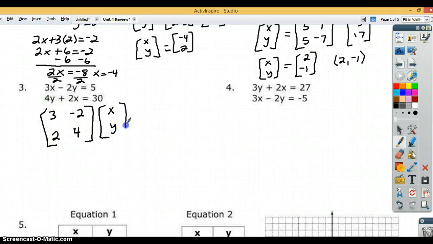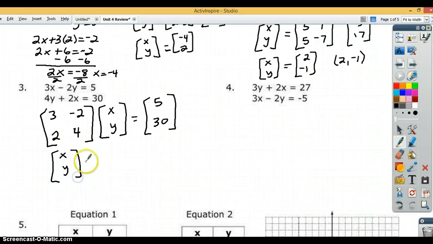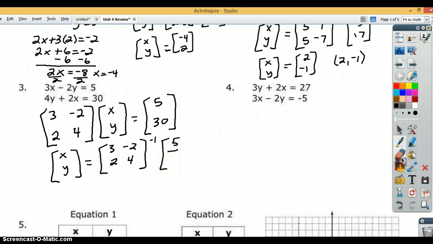So xy equals 5, 30. That means xy is equal to the inverse of 3, negative 2, 2, 4, times 5, 30.